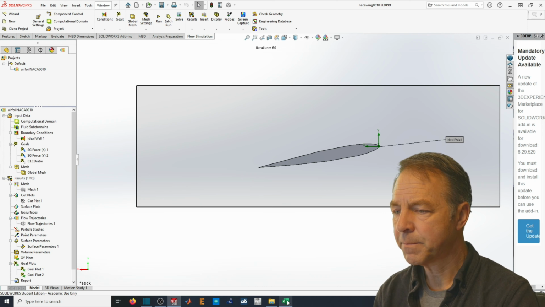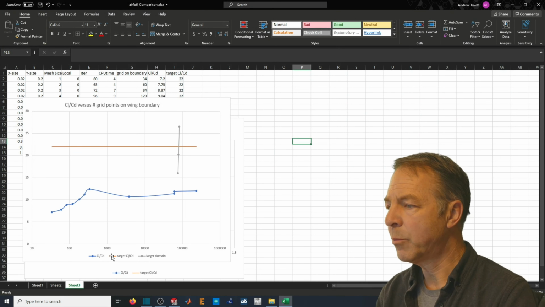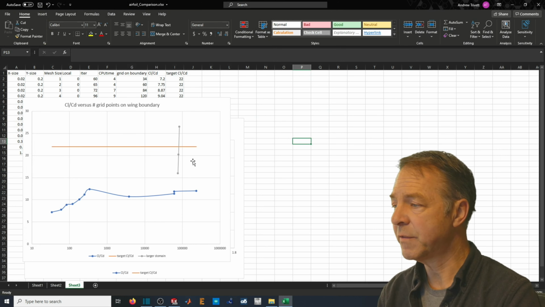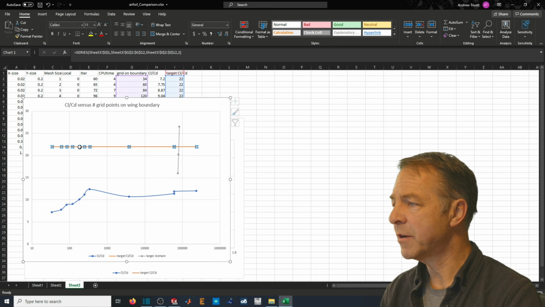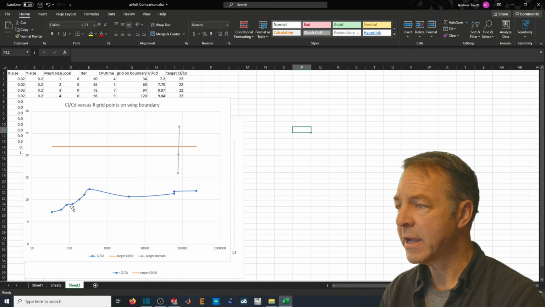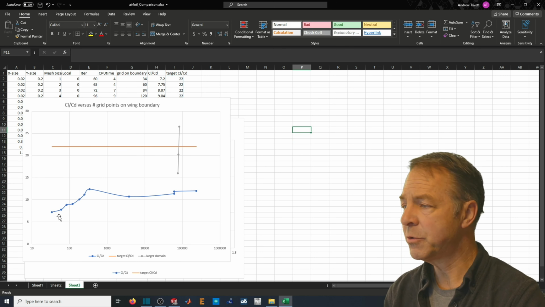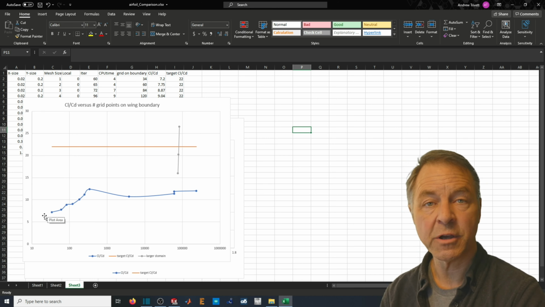In fact, I've done a more detailed test of this, and this plot shows, among other things, this is the target. The orange line is our target of 22. And for exactly this calculation I've just shown you, I started out with, this is plotted versus the number of grid points in contact with the boundary.